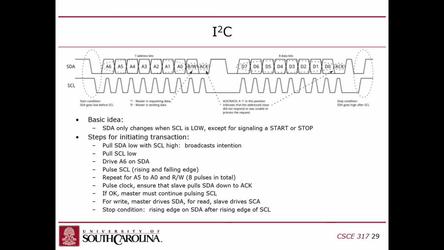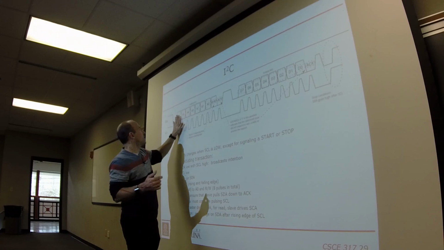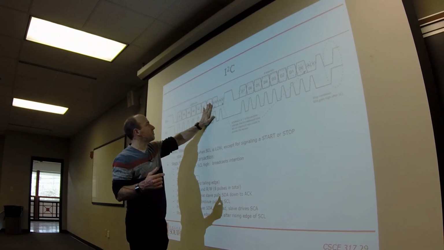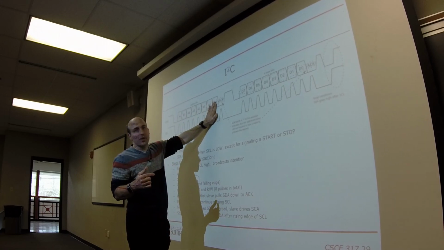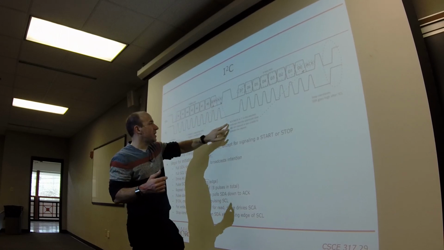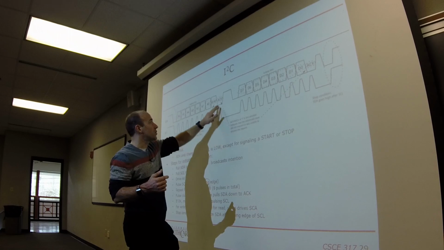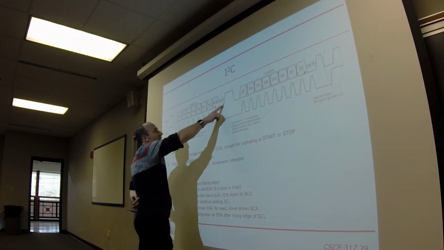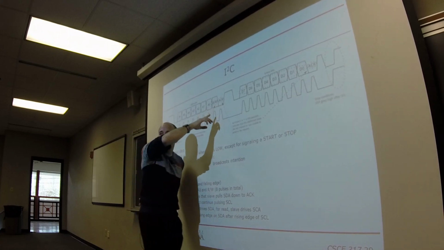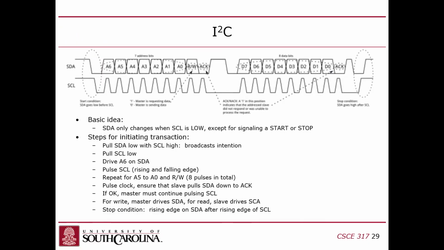The acknowledgement happens after you send. You're going to send 7 address bits plus the read/write bit, so that's 8 bits, and then the host is going to have to respond by pulling SDA low if it's an acknowledgement, right? Well, think about that. That's kind of crazy, though.